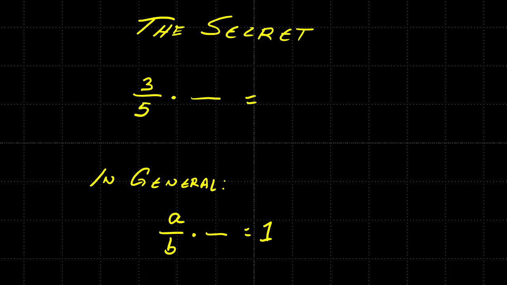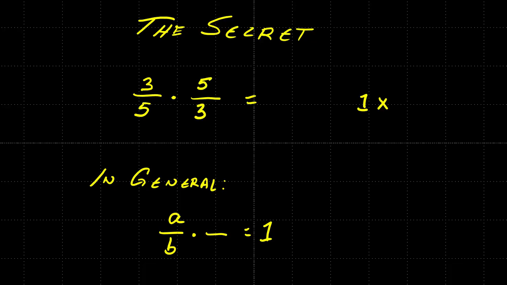There's a secret to solving these multiplication division problems, and we'll review that right now. The real secret is how to get a coefficient of 1 on the x. Everything else is pretty easy, but this is fairly new to you if you're in the 8th or 9th grade. To change a fraction like 3/5 into a 1, we just multiply by the reciprocal.